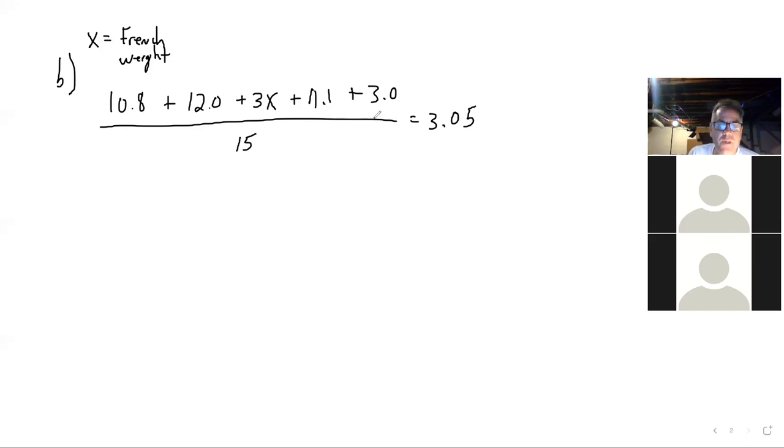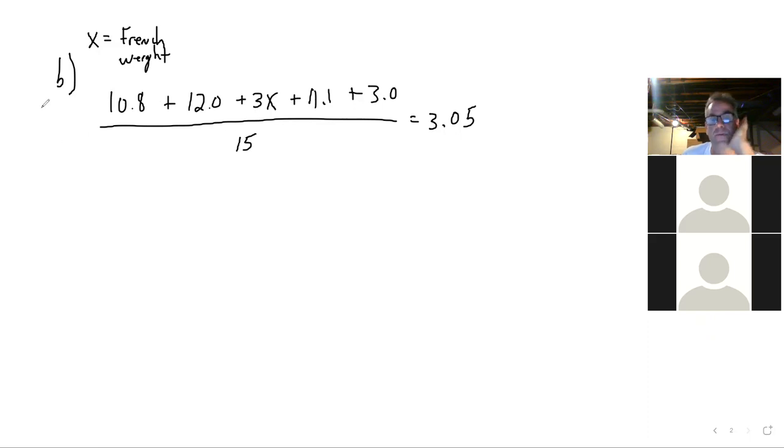Now, so on any equation, which is what I have, I need to figure out what number this needs to be to make this equation true. All right, so I'm going to figure out what value I need in for X to make this work. Now, all of this is being divided by 15. Order of operations says you divide before you multiply.